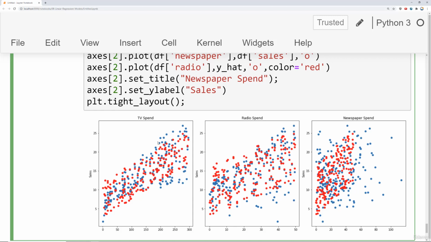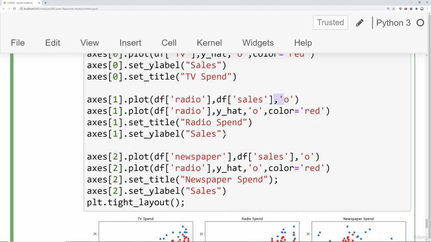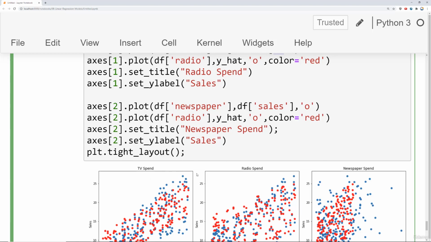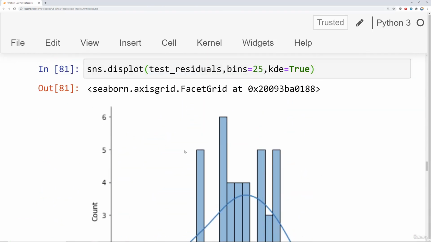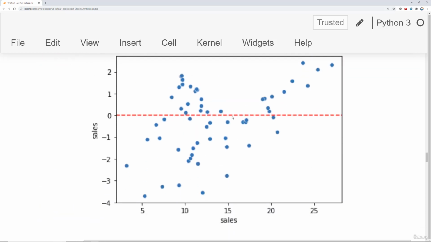So this is kind of the best you're going to get. And really, with more than 3 features, this becomes less useful. Unfortunately, due to the limits of living in a 3-dimensional world, at a certain point we can't visually plot this anymore, which is why it's so important to have a good understanding of things like the residual plot, which is something we can plot out regardless of how many features we have.